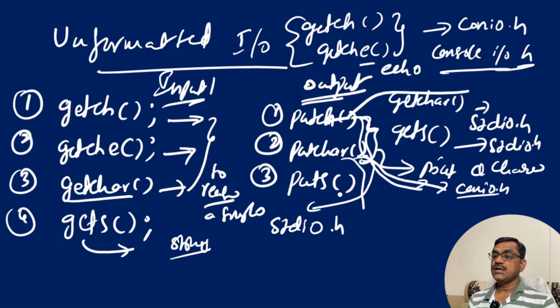Not only putchar, puts too. These last two, putchar and puts, are available in stdio.h. We will see by using programming what is the difference between getch, getche, and getchar. After that, putch and putchar. Already we have seen gets and puts.